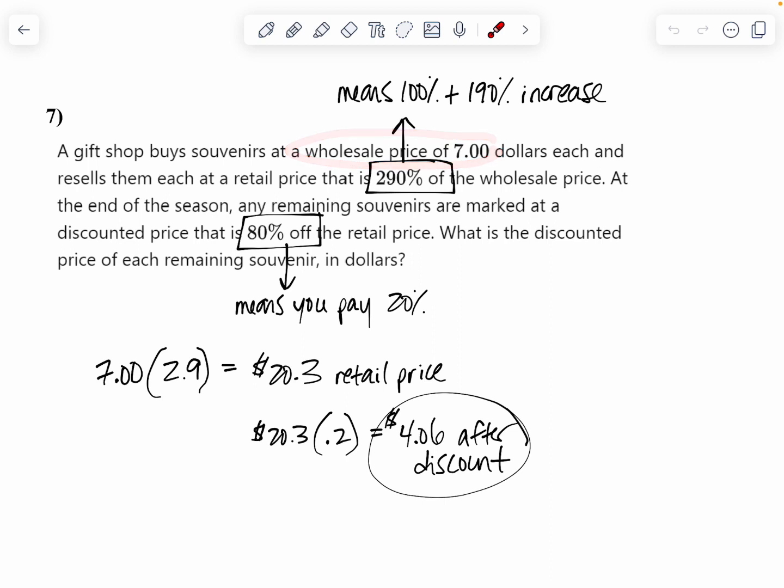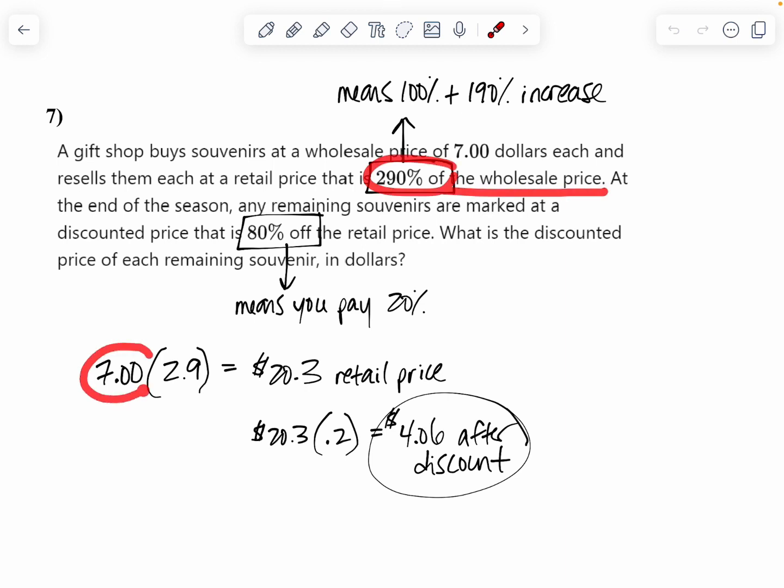Okay, so we have a wholesale price of $7, and they resell them each at a retail price that is 290% of the wholesale price. That means I'm taking 100% of the $7 and adding 190% to give me a total of 290% of the wholesale price. So I'm going to write that out first.